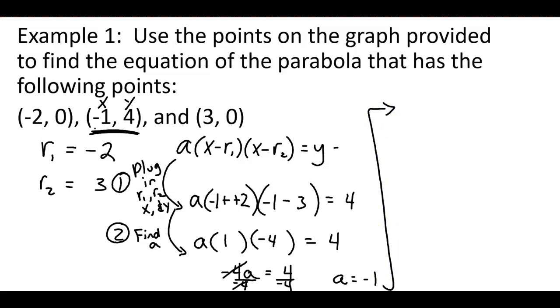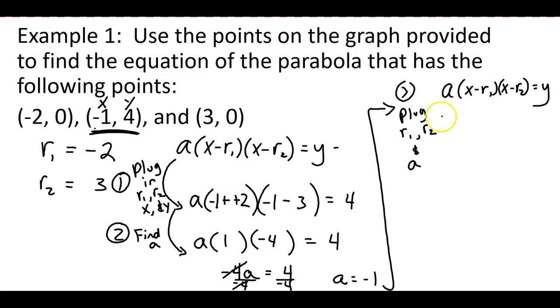Okay, so now for step 3, we're going to plug in 3 things. R1, R2, and A. But this time we're not going to be plugging in the X and the Y. Just those 3 things. Same formula as before. So what goes here? -1.